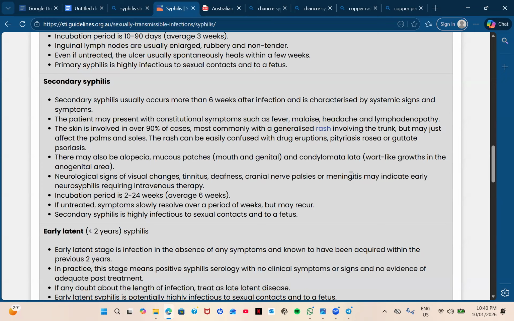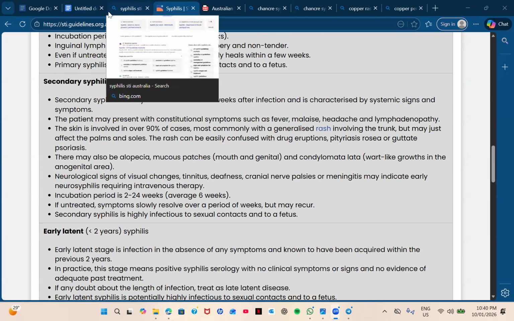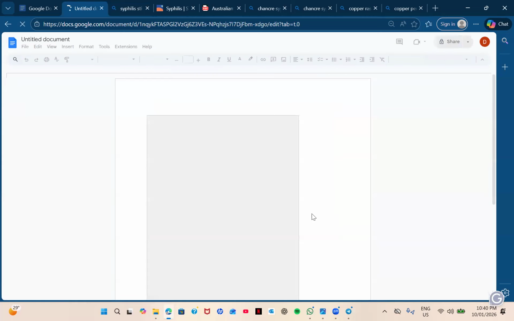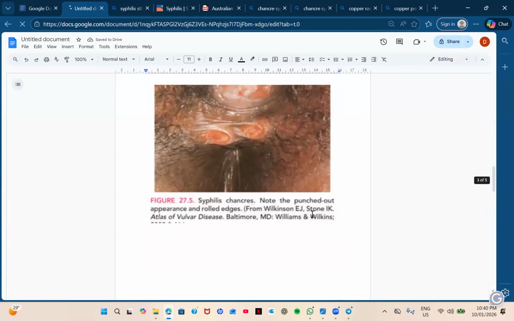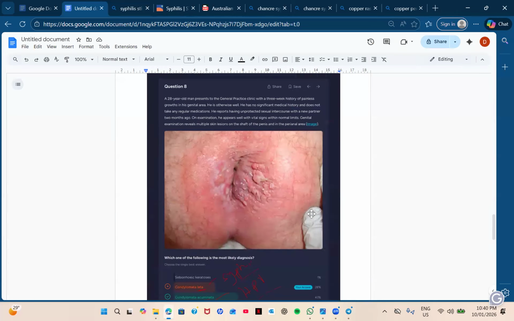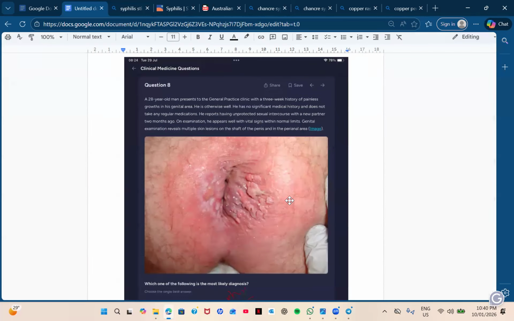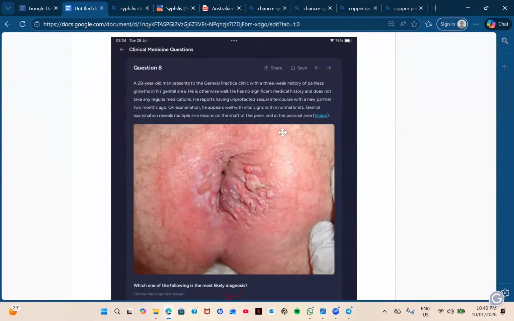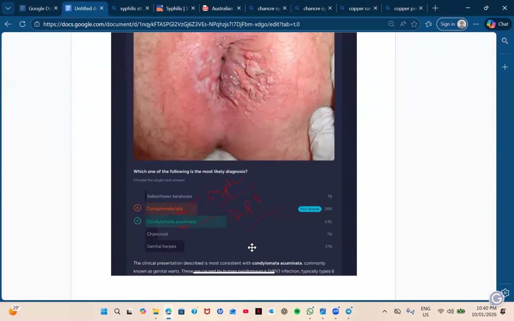What is in the chat? Hey, what is this, doctors? Is this condyloma lata or condyloma acuminata? You have to tell me. Acuminata. Yeah. So acuminata is from HPV, right here.